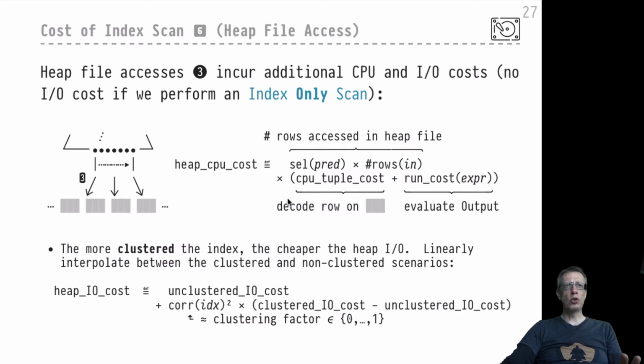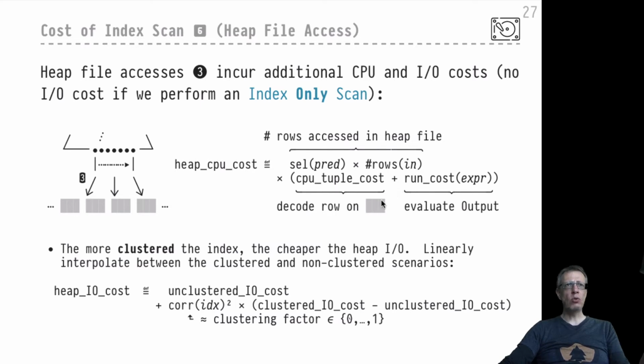We would have to decode that particular row, just like we have to decode a row during a heap file scan, and that would incur CPU tuple cost. For all of these fetched rows, we would then have to evaluate the output expression, because this defines the output of our index scan. So all of these rows would also incur the run cost of the output expression. Okay, so much for the heap CPU cost.